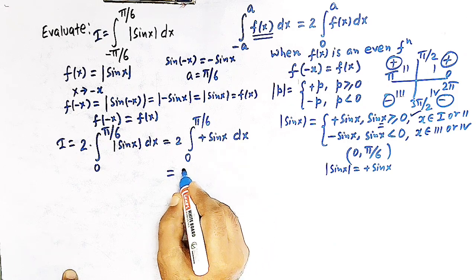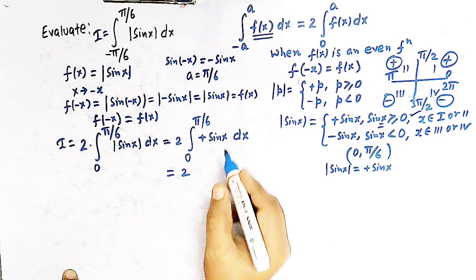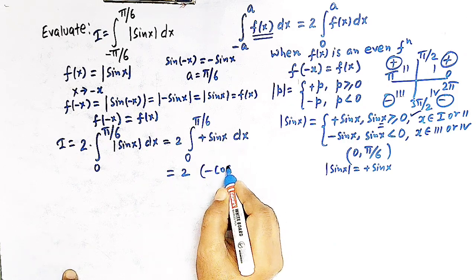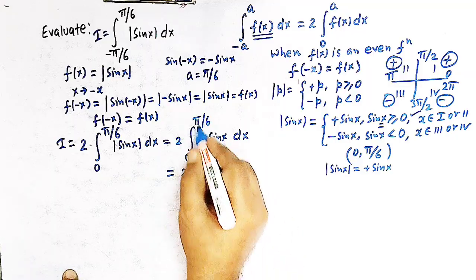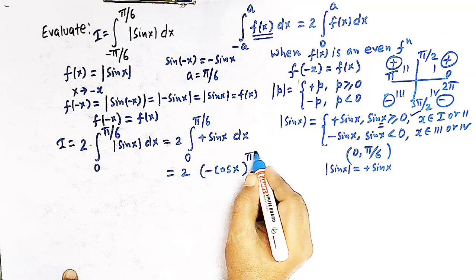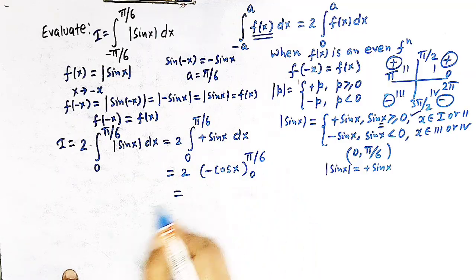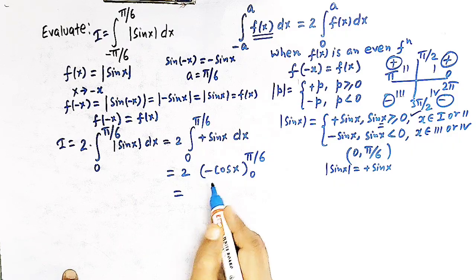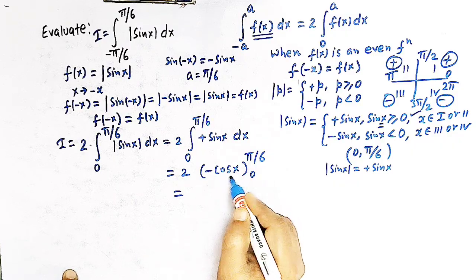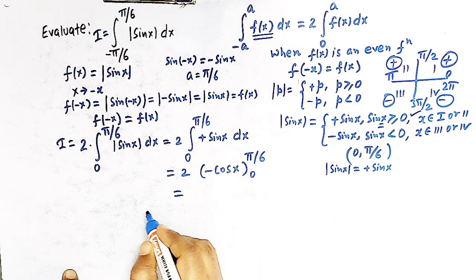Now the integral of sin x is negative of cosine x, and the limits of integration are from 0 to pi by 6. So now we can substitute the limits, and we'll take the difference.